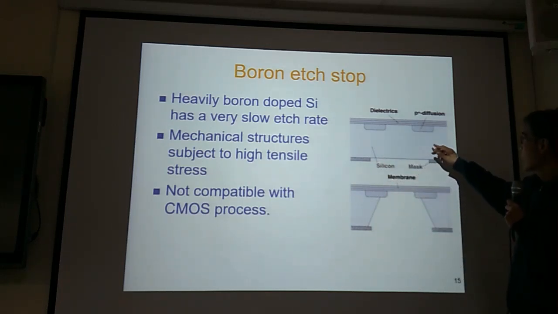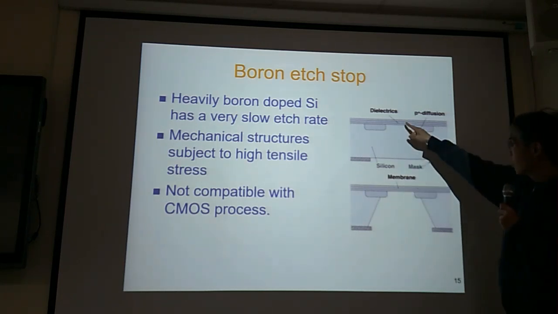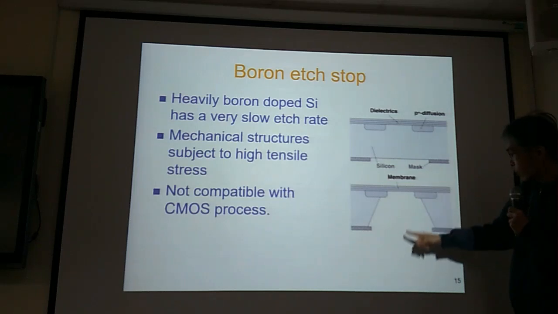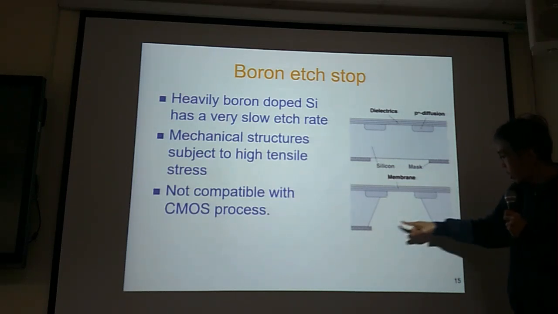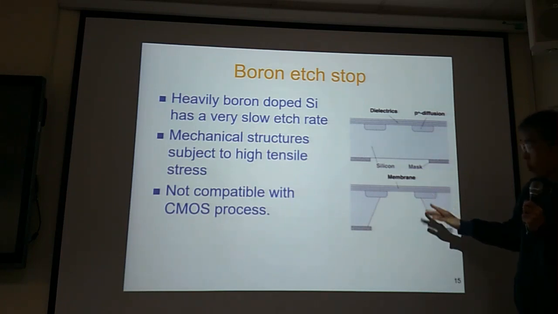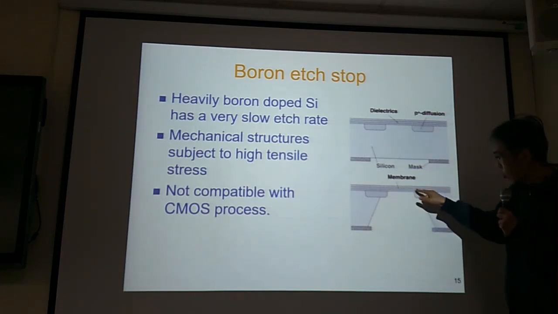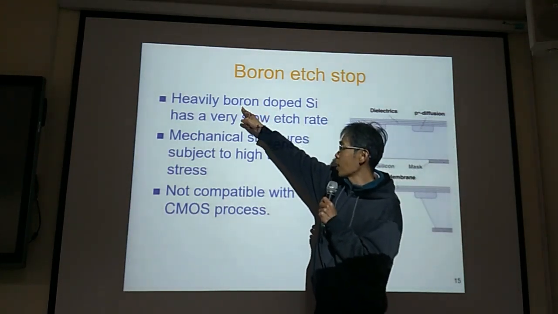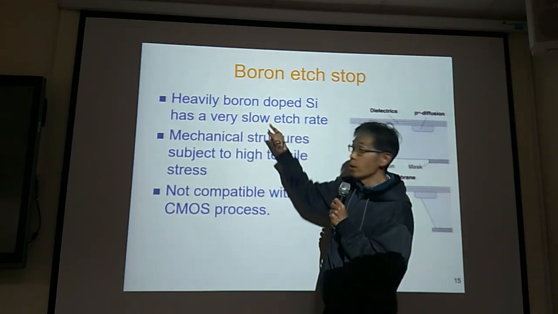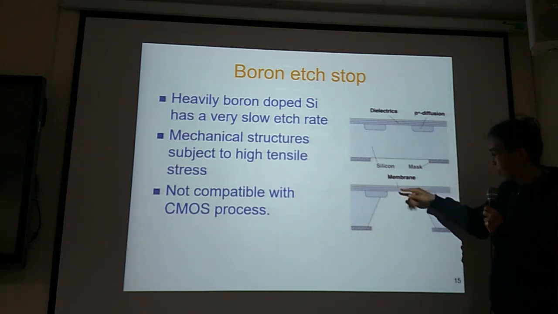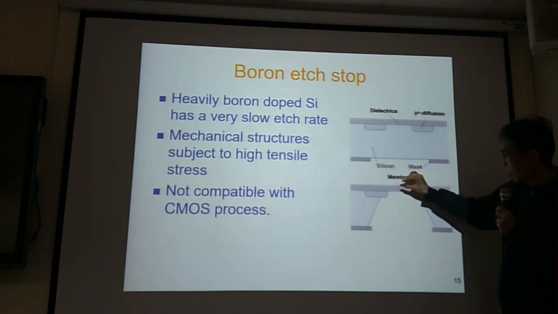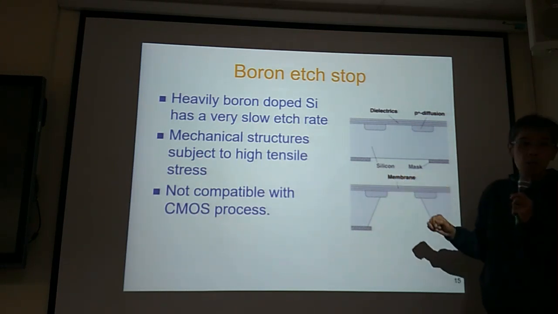So for the membrane here, if we put another boron layer here, when we etch from the bottom, the 111 planes have a very slow etching rate. It reaches this area, but this area is boron doped silicon, so the etch rate is very slow. It stops at the heavily boron doped layer. So this is the membrane, the thin film. We could use this thin layer to create a pressure sensor.